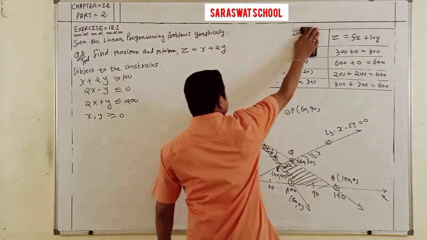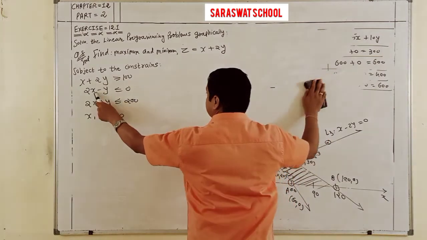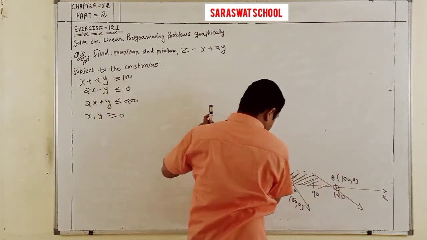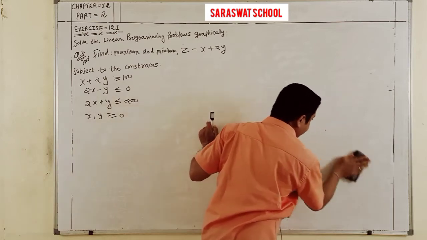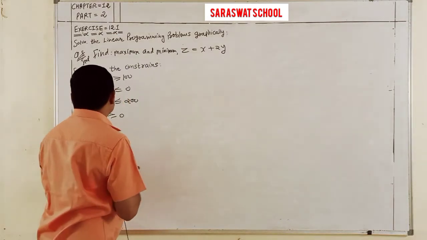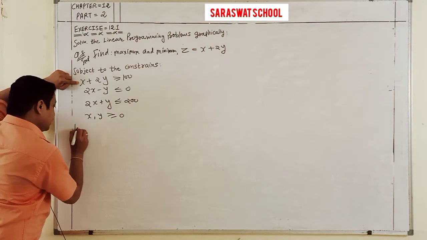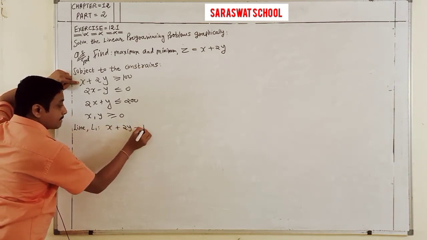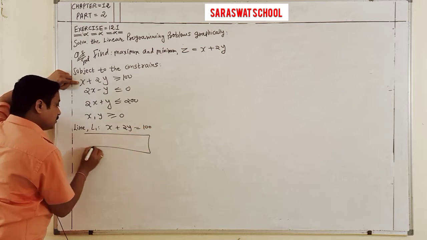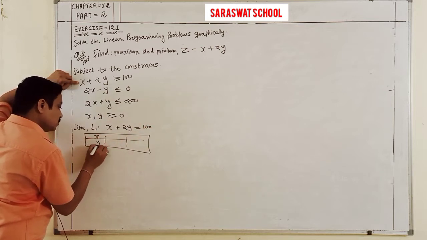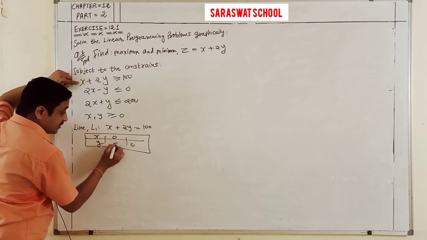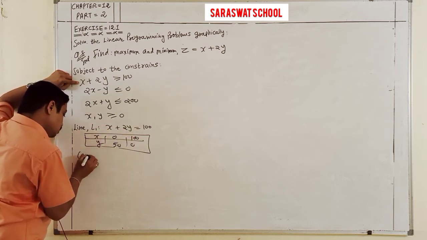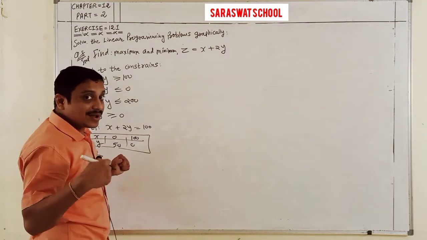So this question is also IMP because these lines indicate the 2 half planes individually. So first of all I will start here. Line L1, x plus 2y becomes 100, and go to the table: x 0, y 50, but y 0, x 100, and check the origin 0, 0.